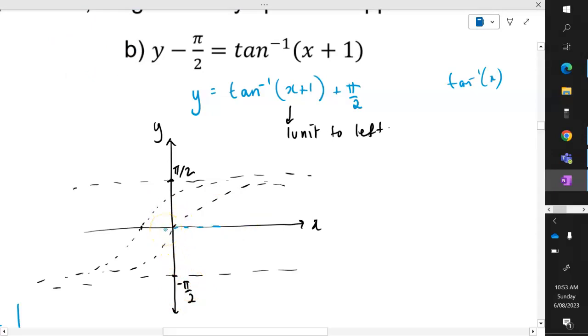So I'm going to have an asymptote along the x-axis. I'm going to have this point 1. It's going to be up here. And my next asymptote is going to be up higher, isn't it? I'm going to have pi on 2 plus another pi on 2, which means pi. So I'm going to have pi up here as my other asymptote.